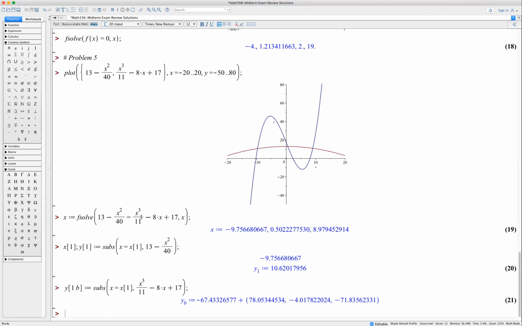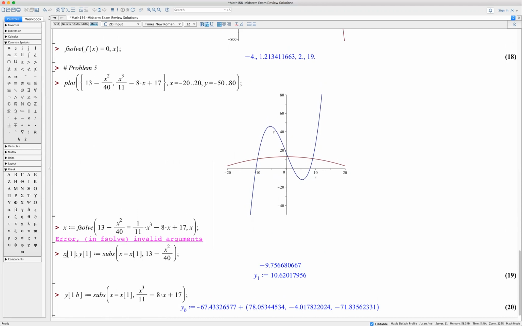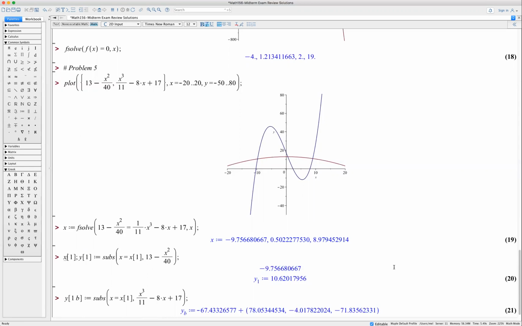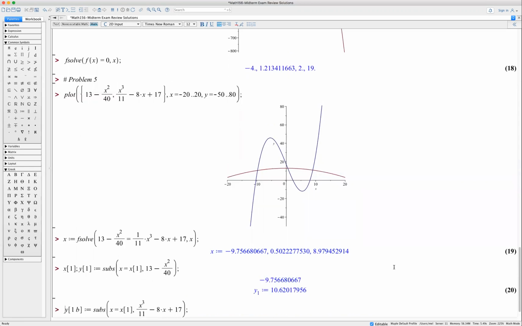Let me try this differently. So that's my F. That's Y1.